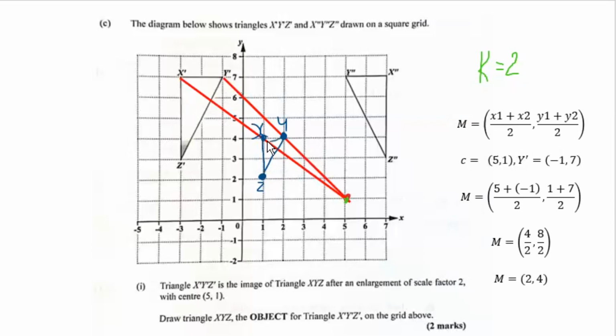And this is what you would draw on your exam paper. If you use the same midpoint formula, taking the coordinates from x prime to the center, you would still get the same answer. So if that is what you feel more comfortable with, then go right ahead and do that.